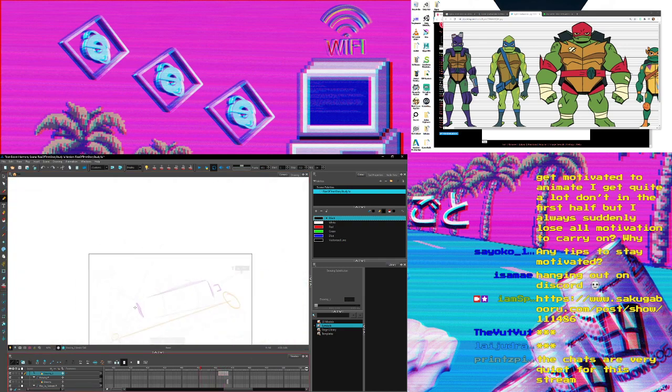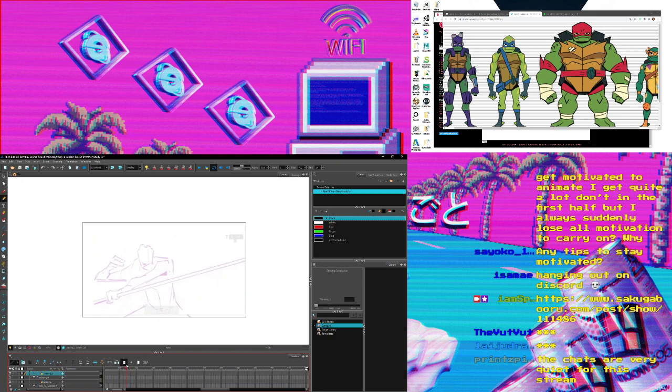You can see that at other points in the animatic, when Donatello is on screen, usually the head is handled in a very boxy way. Man, that's an elaborate fight right there.